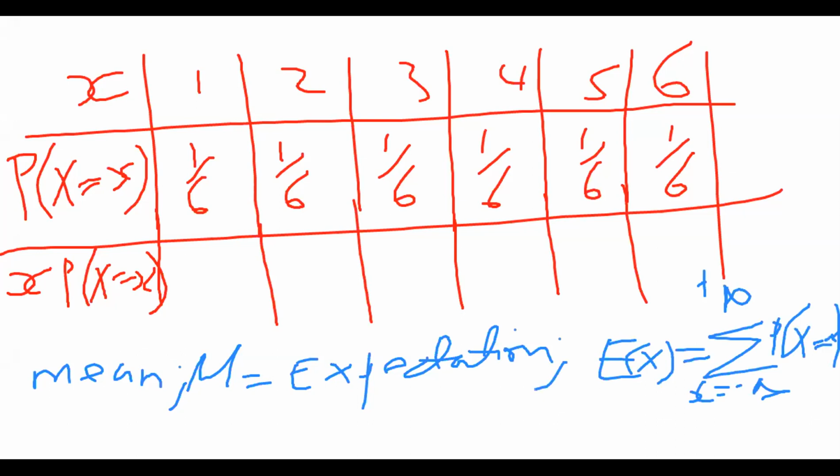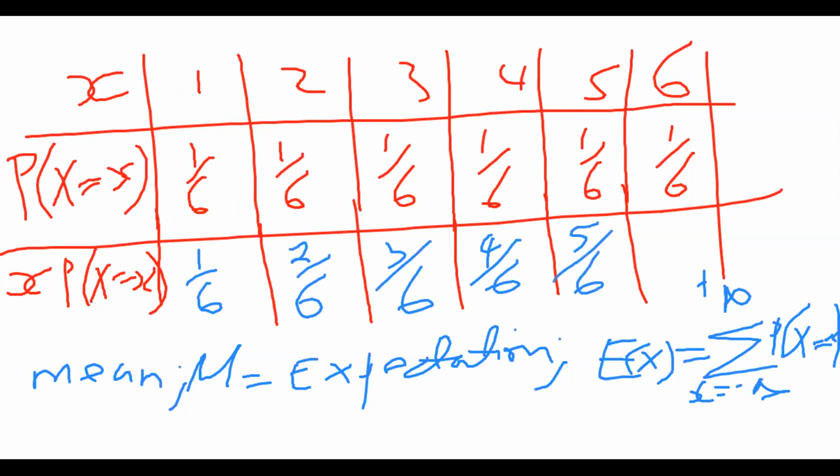So which means that in case I'm to multiply this x times its probability, here I will simply get 1 out of 6. Then 2 times this, I'll get 2 out of 6. I'll reduce later on. The same applies here. Multiply these 2, you get 3 out of 6, and then 6 out of 6.